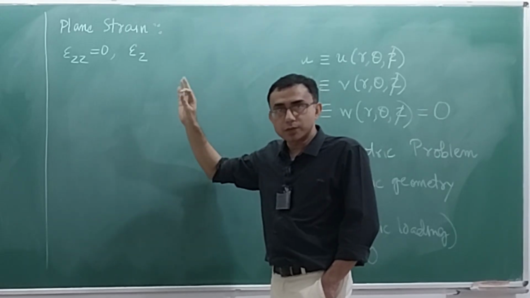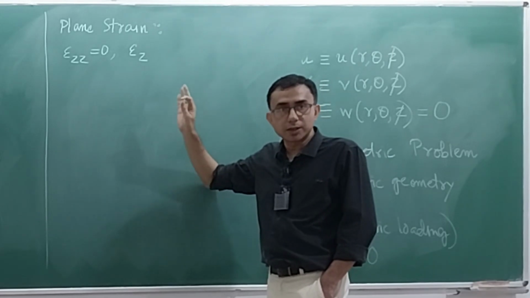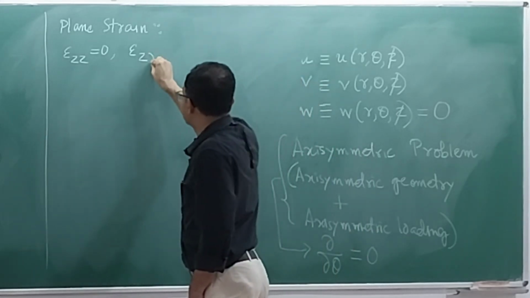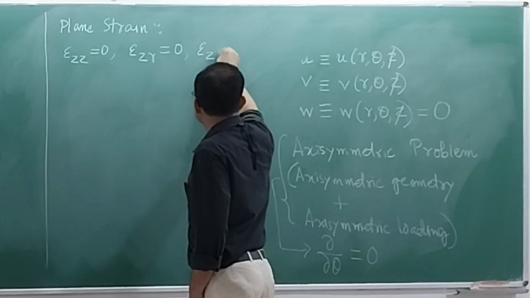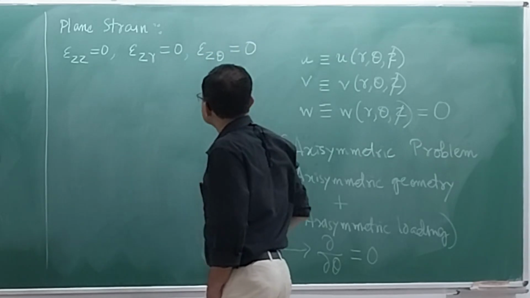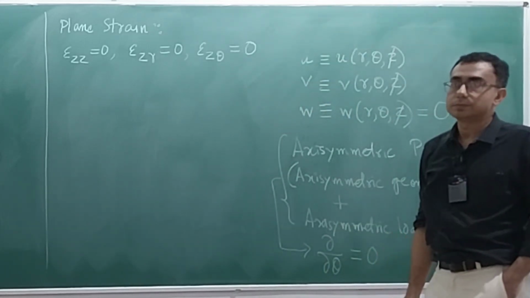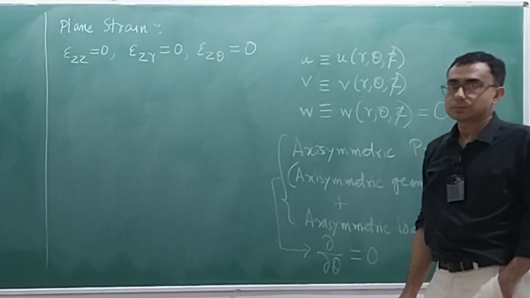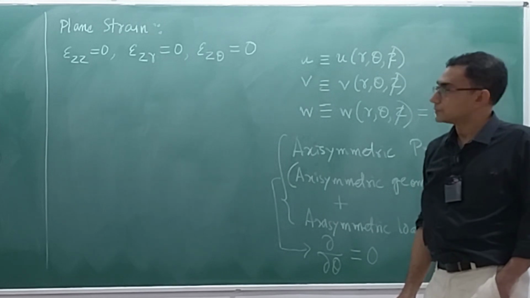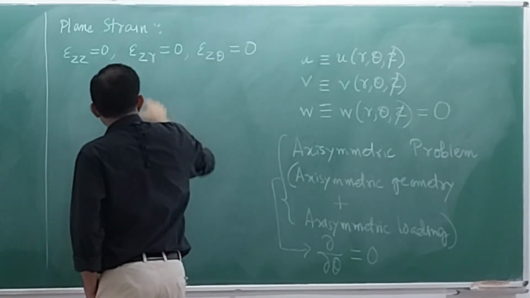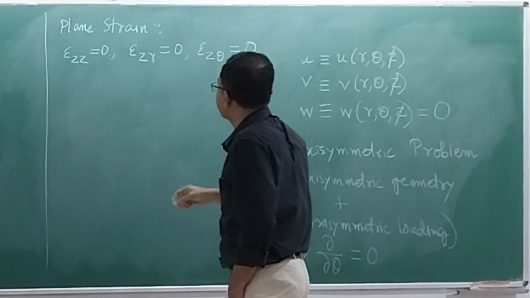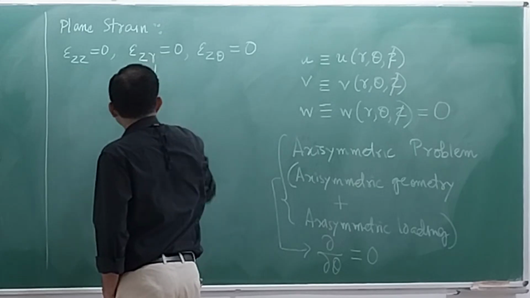We are now working with the cylindrical coordinate system, so this will be epsilon zr equal to 0 and epsilon z theta equal to 0.